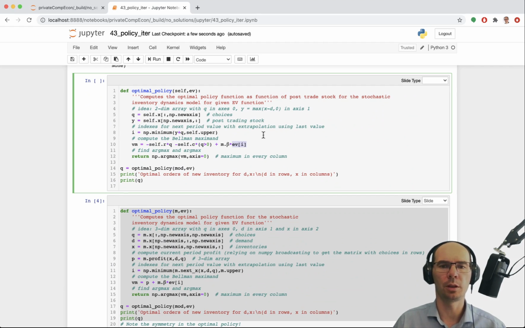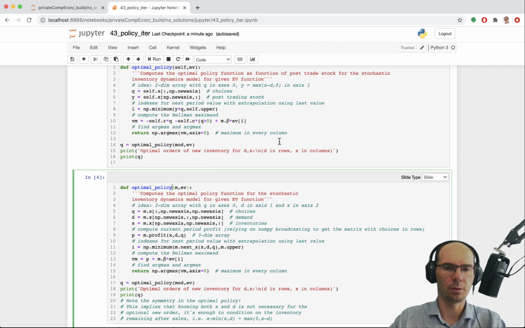EV of I, because I is a matrix. But it's fine, and this is also fine, right? Because now this greater than 0 will be performed element by element, and only for those Q's where it's greater than 0 will we have C applied. Okay, and then we can return the argmax. That's all.